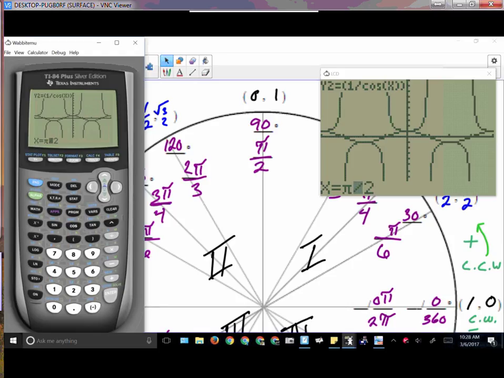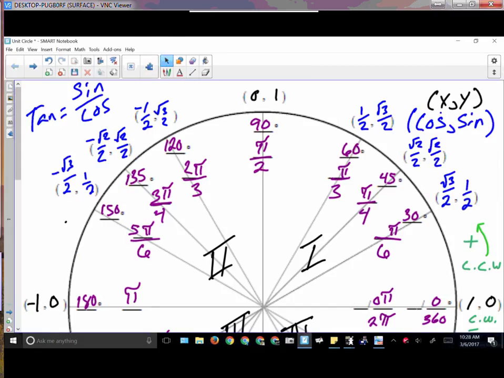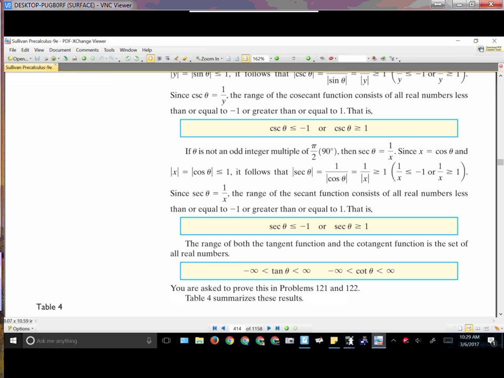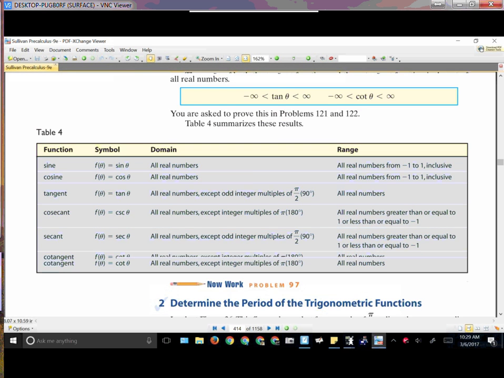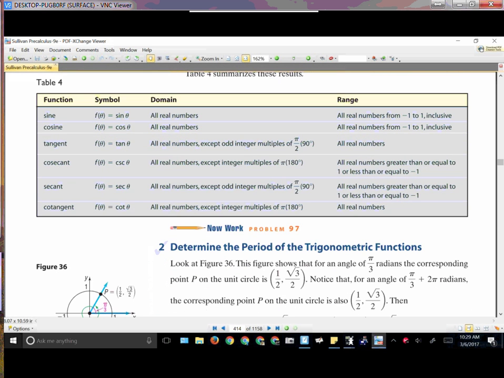Pi, there we go. Pi divided by 2, what do I get? Absolutely nothing. Why? Because as cosine approaches 0, 1 over cosine is going to become undefined. But this way of visualizing it helps out a lot more than what you see here on the unit circle. You have to be able to go back and forth and coordinate these two graphs. So that chart there kind of summarizes what we've been all talking about here.